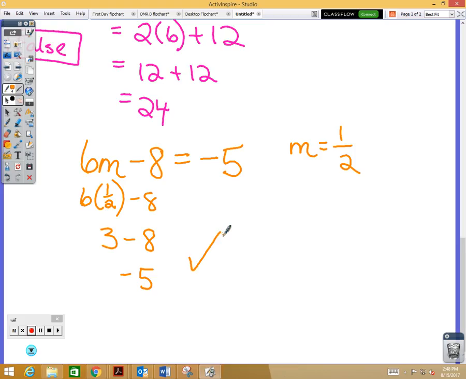So 6 times 1/2 is 3. Half of 6 is 3. And 3 minus 8 is negative 5. So the sides are the same. So yes, this is true.